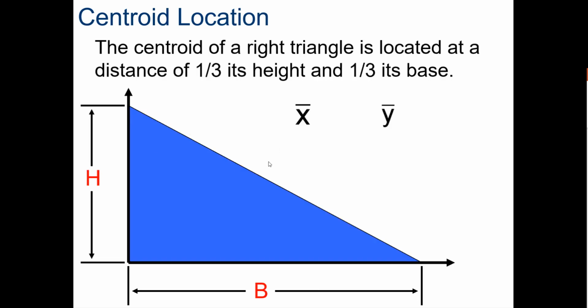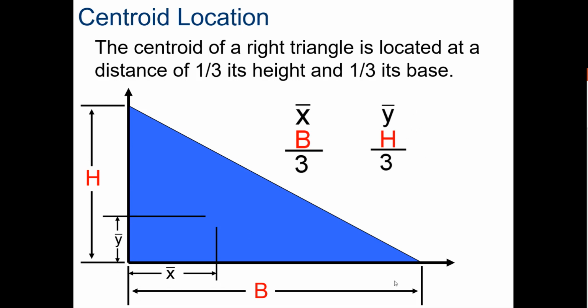When we're talking about a right triangle, the centroid of a right triangle is located at a distance of 1/3 its height and 1/3 its base. So here we're going to use that the x location can be found by doing b divided by 3, and the y can be found by doing height divided by 3.